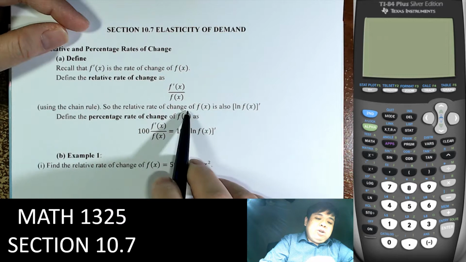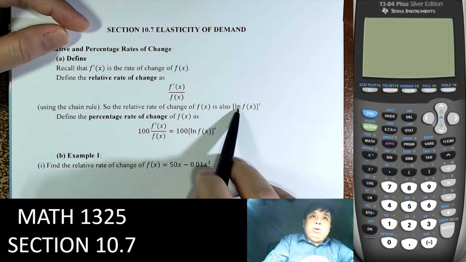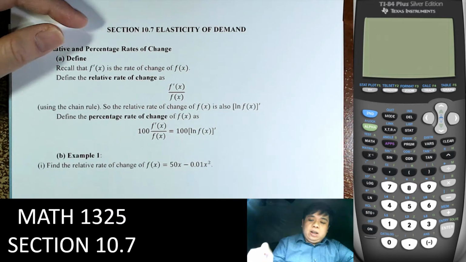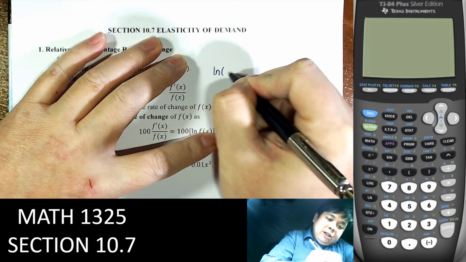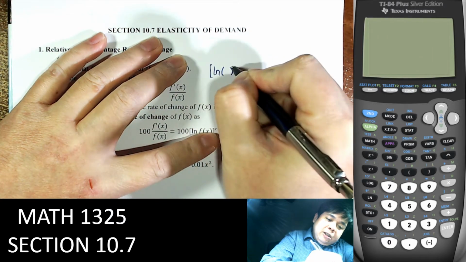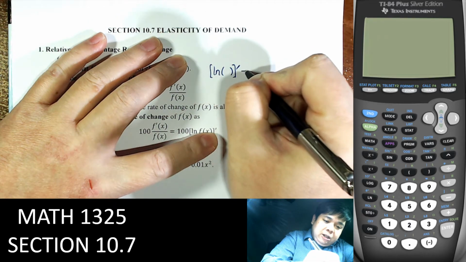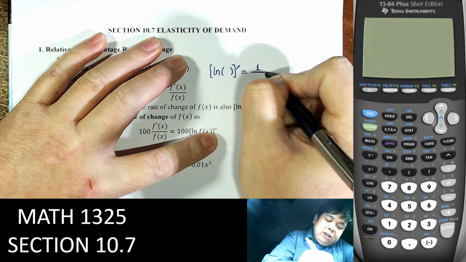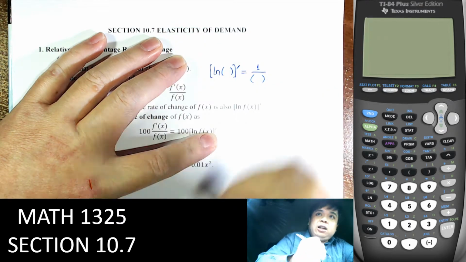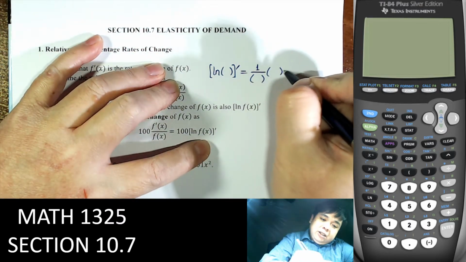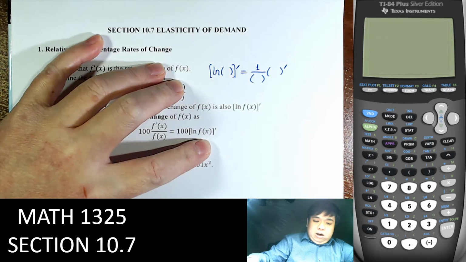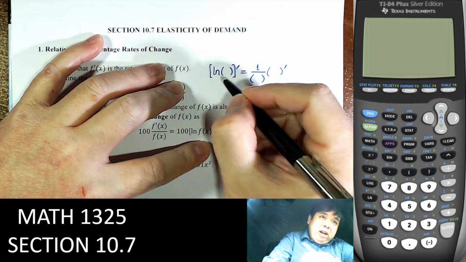the relative rate of change is a function that is also the derivative of Ln of f of x. So if we use the chain rule, Ln of something is 1 over that thing, and then the derivative of it. It doesn't matter what the argument of the Ln is.